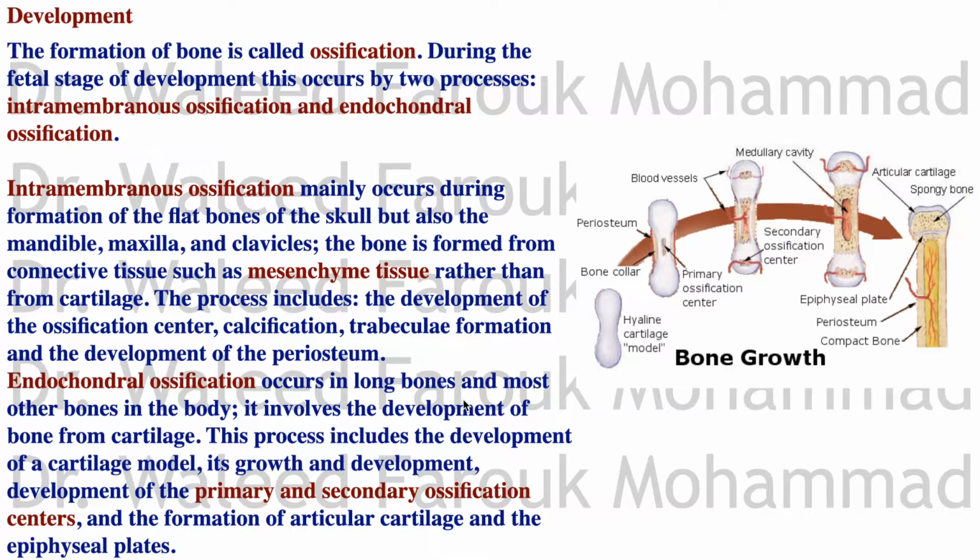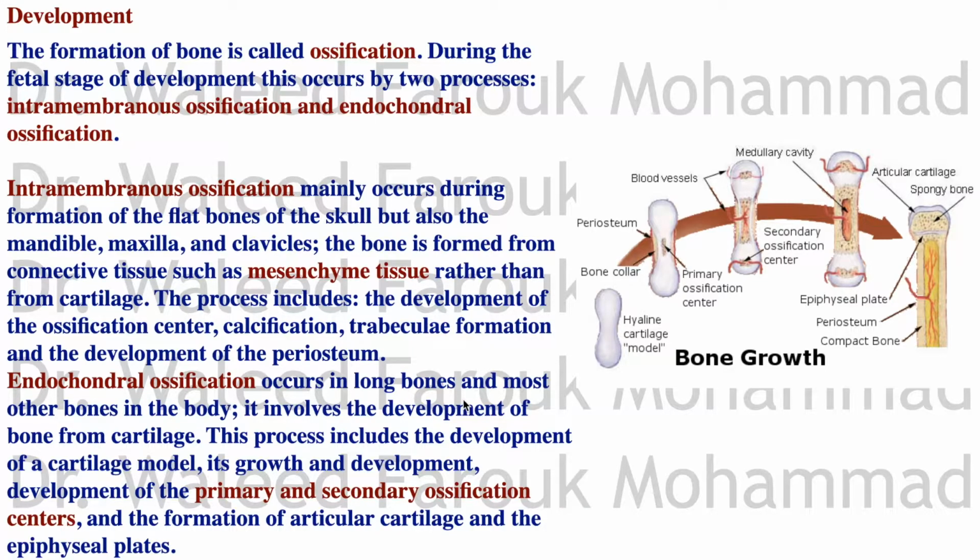In intramembranous ossification, the bone develops from mesenchyme tissue, and in endochondral ossification, the bone develops by ossification of a cartilage model. Intramembranous ossification occurs during the formation of the flat bones of the skull, and also the mandible, the maxilla, and the clavicles.